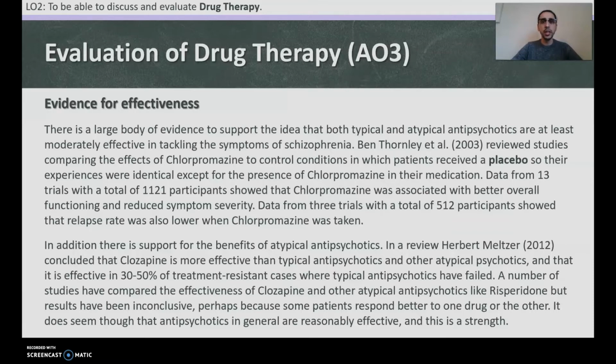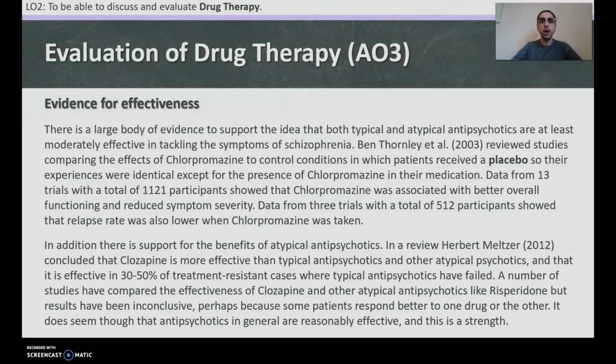So the people that took it had better functioning in general, could be cognitive, just could be functioning in real life, and they had reduced symptom severity. Their symptoms were a lot less severe and reduced, possibly symptoms of hallucinations and delusions.